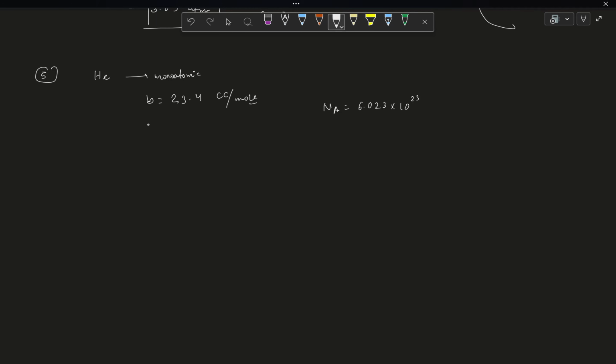Okay, and you need to calculate the diameter of helium atom, which is nothing but 2 times the radius.